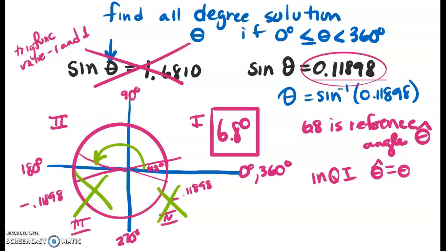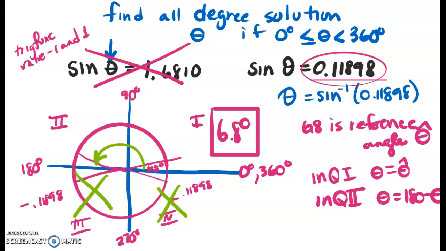And then in quadrant 2, the formula for the reference angle was theta hat is equal to 180 minus the angle. I'm writing this backwards. Hold on.